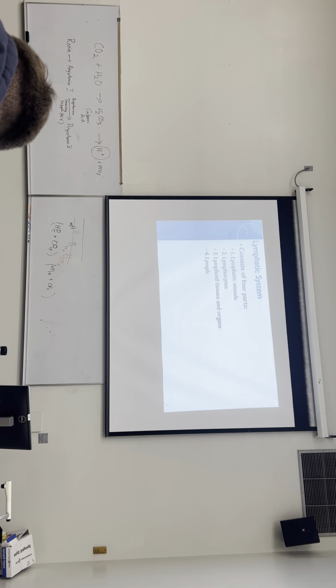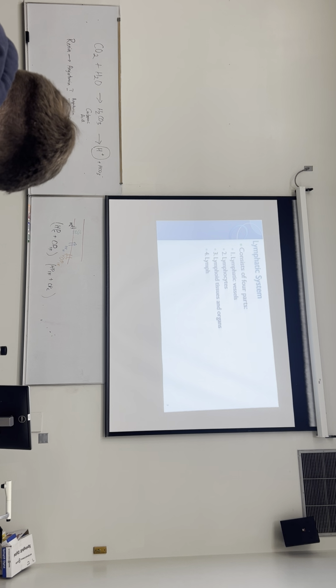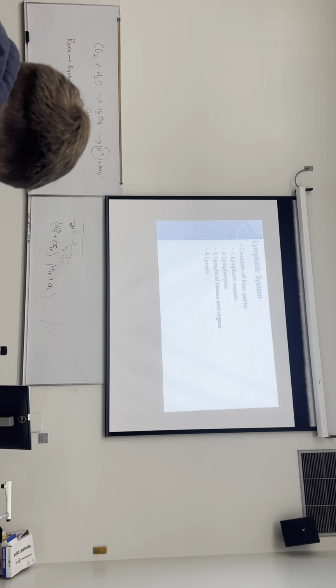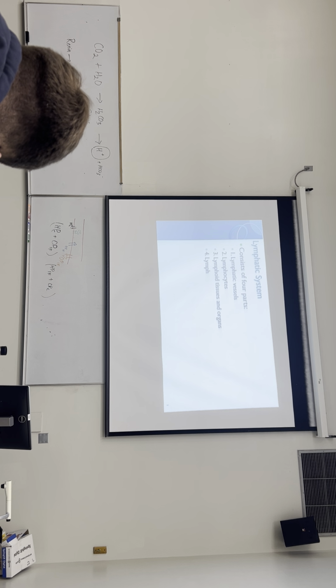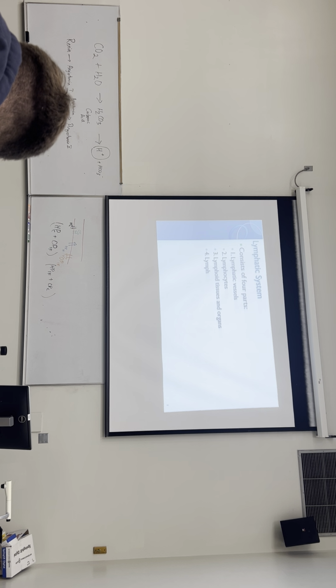So let's talk about some organs and structures. Some of these are not organs, some are tissues within other organs, right? Lymphatic vessels are the ones transporting lymph, okay? So lymph and lymphocytes get transported by the vessels, while lymphocytes also sit and wait in lymphoid tissues or organs.